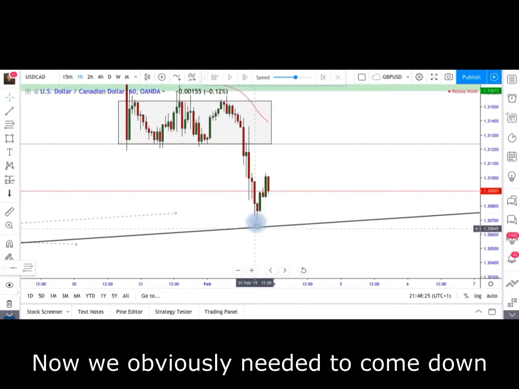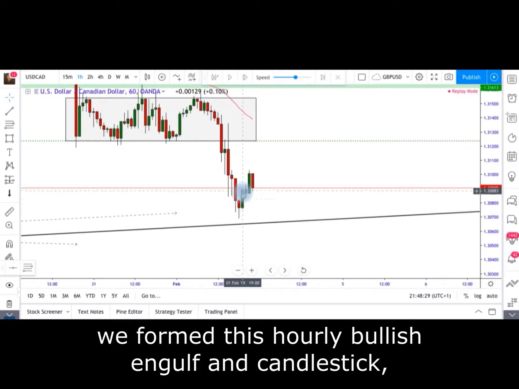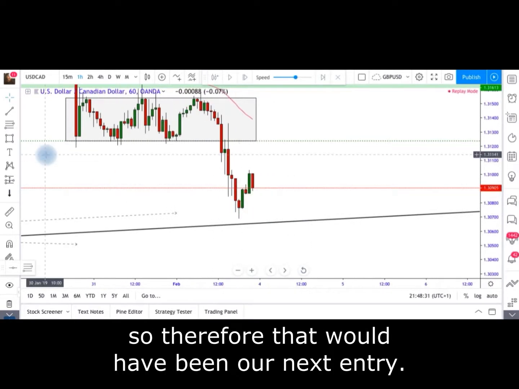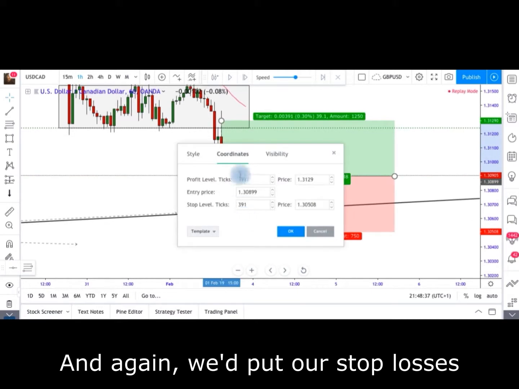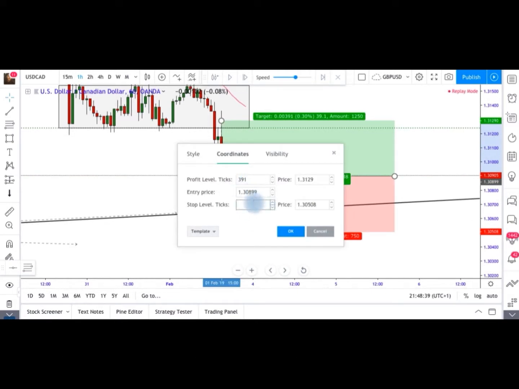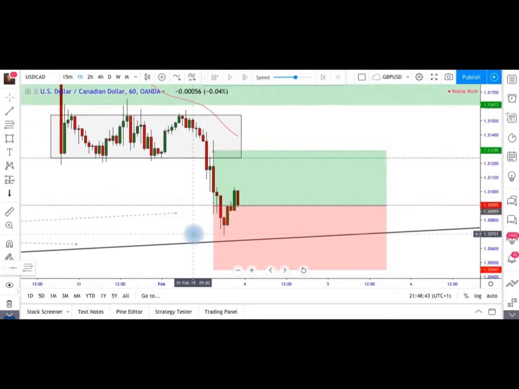Now we obviously needed to come down and touch this trend line. And when we did touch it, we formed this hourly bullish engulfing candlestick. So therefore, that would have been our next entry. And again, we'd put our stop losses around 40, 45 pips, something like that. Give it space to breathe.